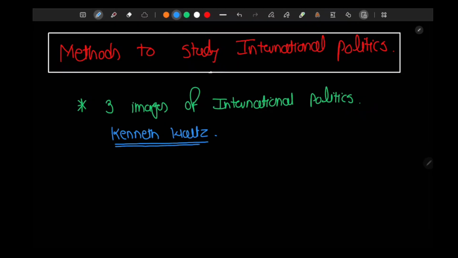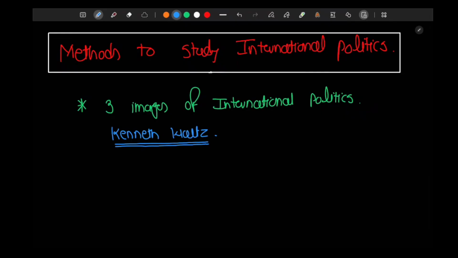Remember this name, Kenneth Waltz, an absolute banger of a scholar, the best scholar in international relations, I feel. He gave a theory which explains international relations most beautifully and most aptly. Remember, this person is going to be very influential in studying international politics.